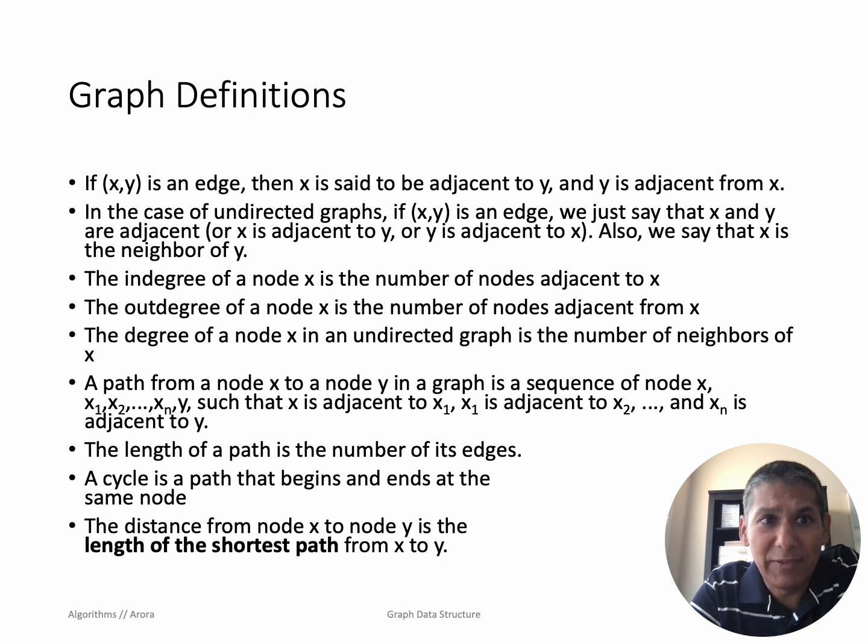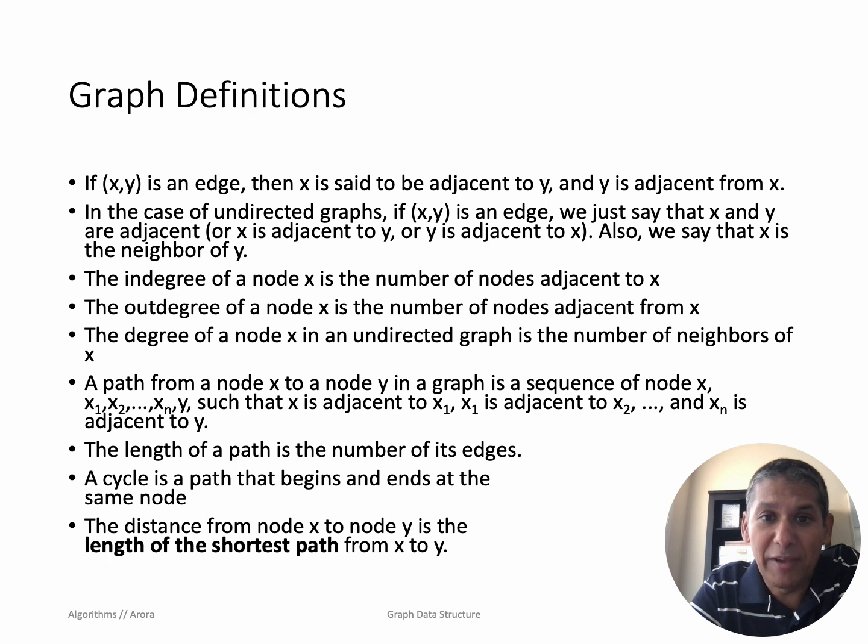When we say that xy is an edge, then we say x is adjacent to y, or y is adjacent from x, if it's a directed edge. If it's an undirected edge, we just say that the two vertices are adjacent to each other, or that they're neighbors of each other.